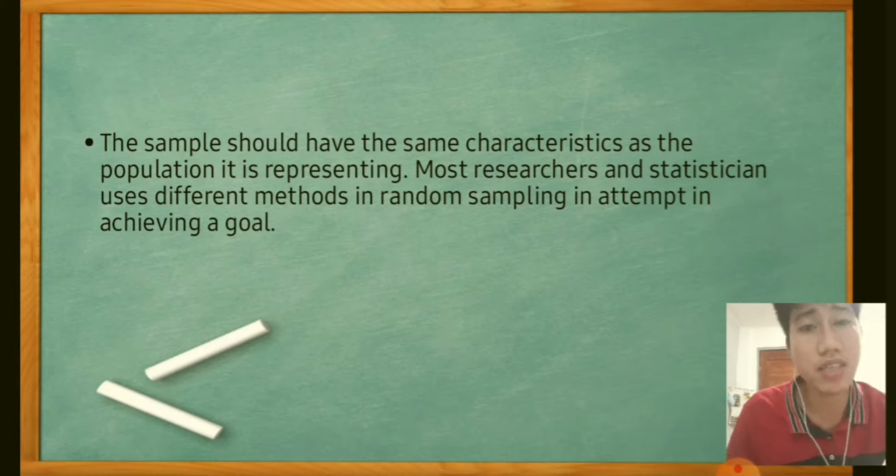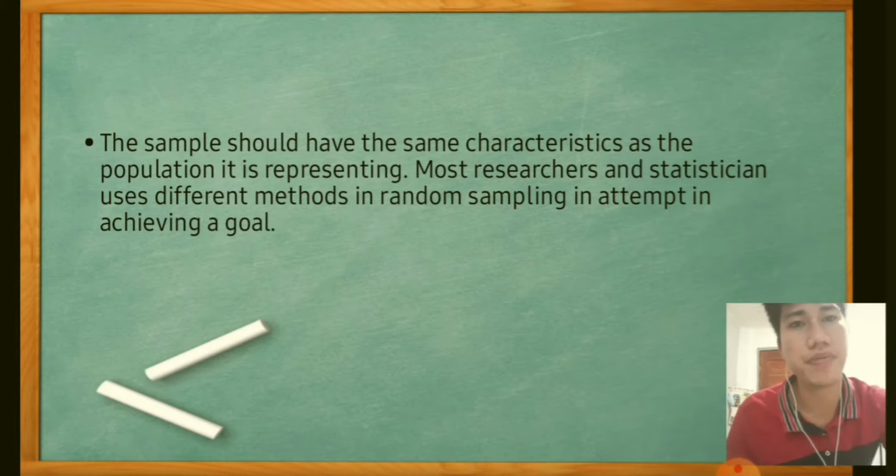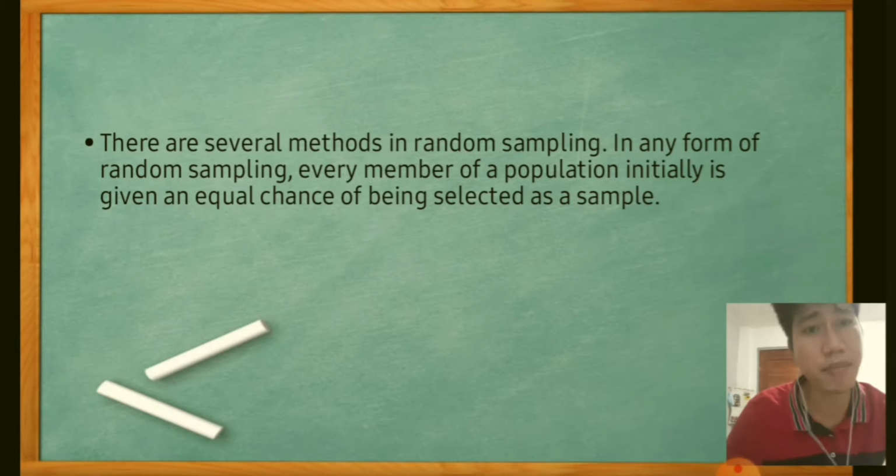They make sure that the sample represents the characteristics of the population. So if we have a sample, it should represent the whole population. Even if gamay ra na siya sa population, we make sure that the sample will be the representation of the population. There are several methods in random sampling.